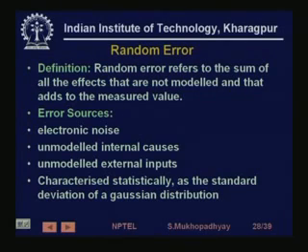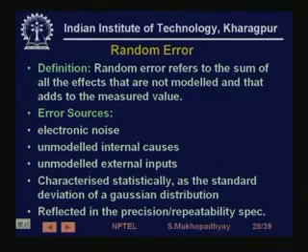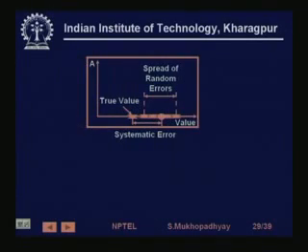So you say that the unmodeled error has this kind of a mean. Normally the mean of the error you try to characterize as a systematic error, which may be in terms of variations of temperatures, etc., and the random part of it you typically characterize by a zero mean statistical distribution, which is often assumed to be Gaussian. And these random errors are reflected in the precision or repeatability specifications.